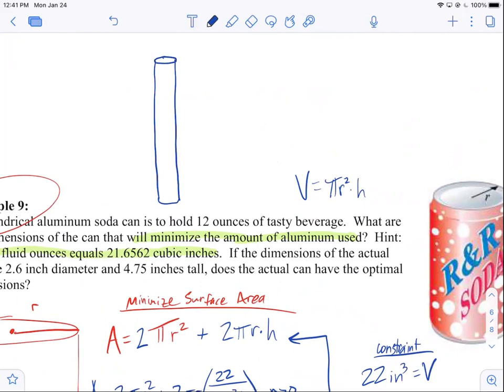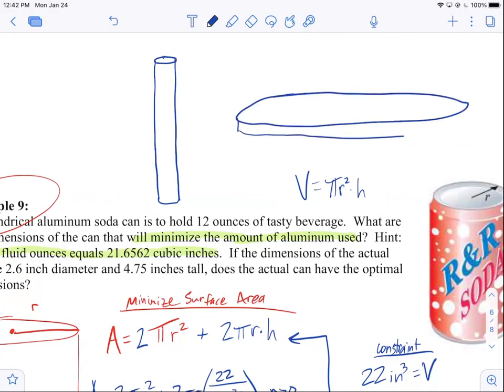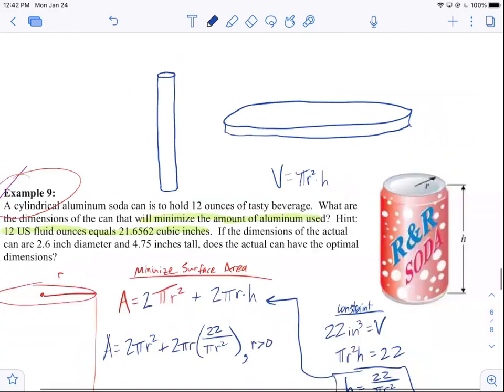But if that's the optimal can, then Red Bull is doing it right, and all the other soda cans out there are shaped wrong and are not optimal size, and it's costing them more money. Or you've got cans that are really wide and not very tall, and you have to use 2 hands just to pick it up. It's probably going to be somewhere in between the 2 extreme cases.